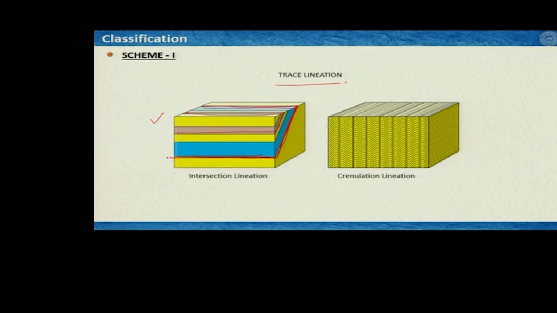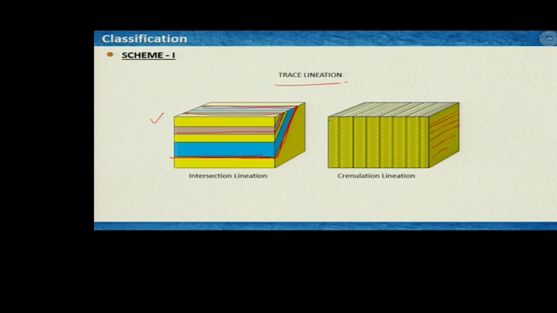Now, crenulation lineation is something that is defined by the axis of the crenulations. So, for example, in this illustration, what I tried to show is that this area or this block is highly crenulated. You can consider these as intersection lineations.